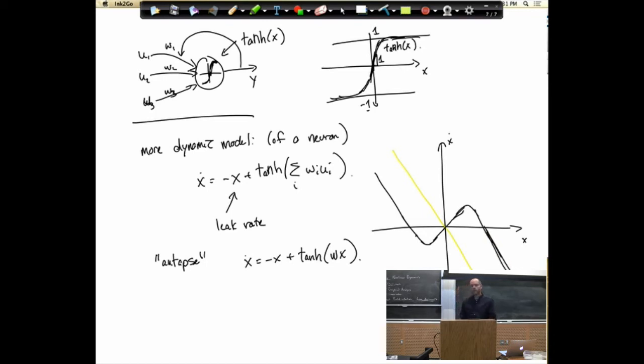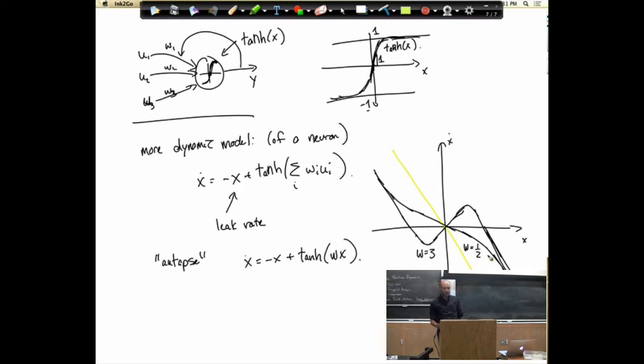Something like that, the tanh modulated by negative x. And if W is very shallow, I can get a plot that looks more like this, right? So this is my W equals 3, let's say. This is W something, let's say half, okay?